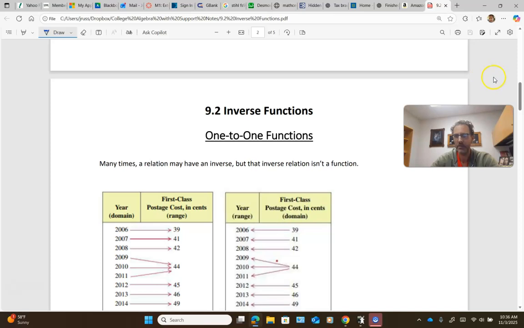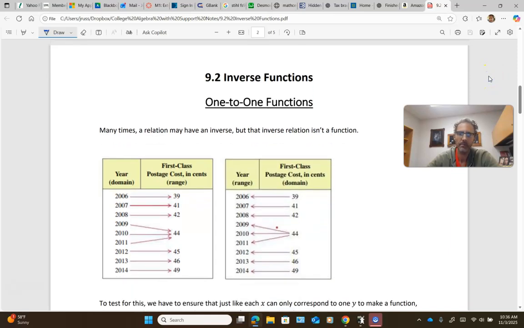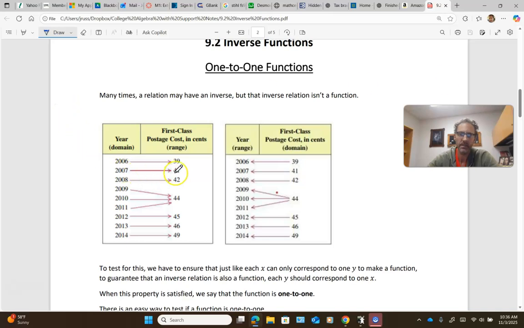So we've talked about this idea of a function or a relation having an inverse. Let me ask you this. Is there always a guarantee?